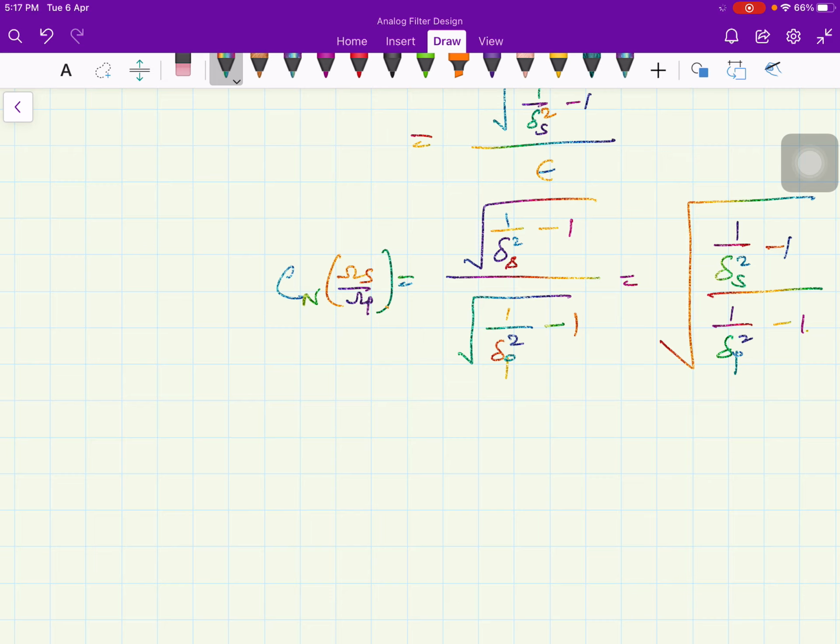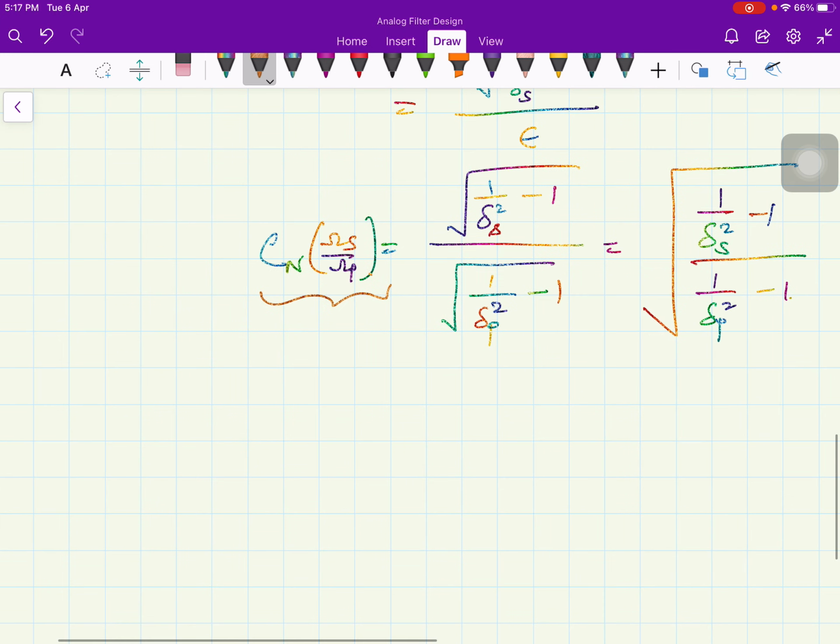Now the next question is, what is this Cn of omega s by omega p? This is a Chebyshev polynomial. Now, should I use cos or should I use cosh? That's the question. You can see the argument of this.